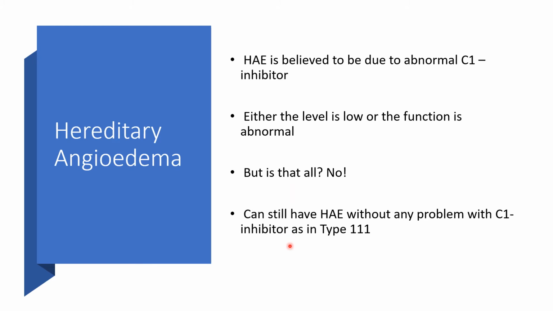But today, in the last 2 decades, it's clearer that we can still have hereditary angioedema without any problem with C1 inhibitor, and that will be in type 3 of hereditary angioedema. Don't worry, in a bit, you'll get that.